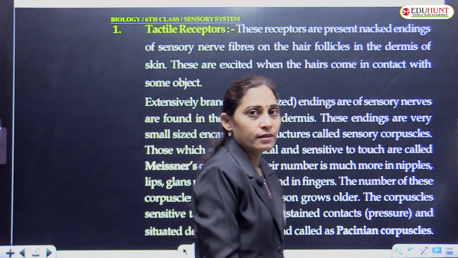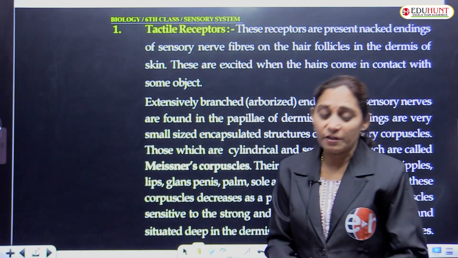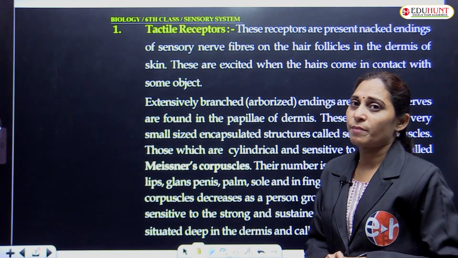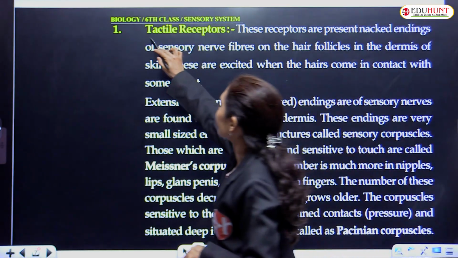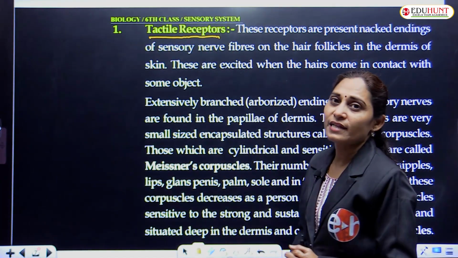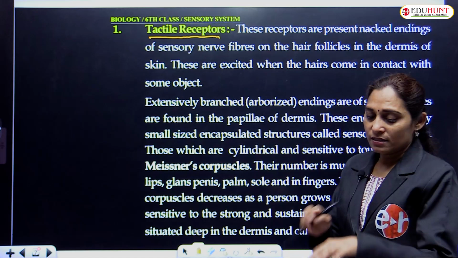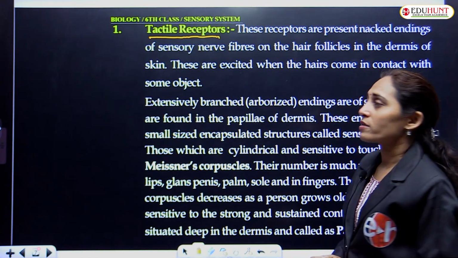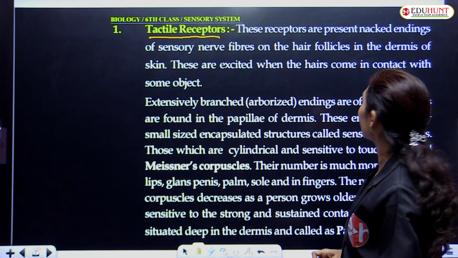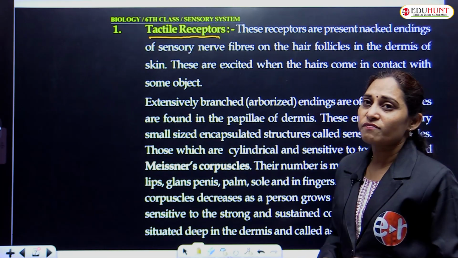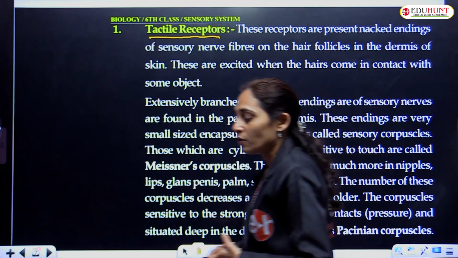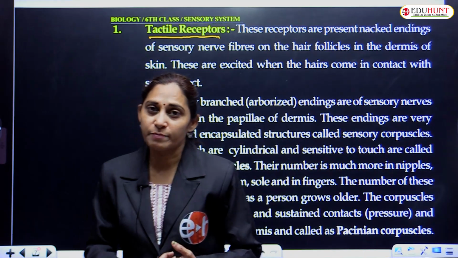First of all, skin is said to be the sense organ of touch అని చెప్తాం కాబట్టి tactile receptors skin మీద ఉంటాయి. And these receptors are present on the naked endings of sensory nerve fibers. మనకి nerves or neurons different types ఉన్నాయి.